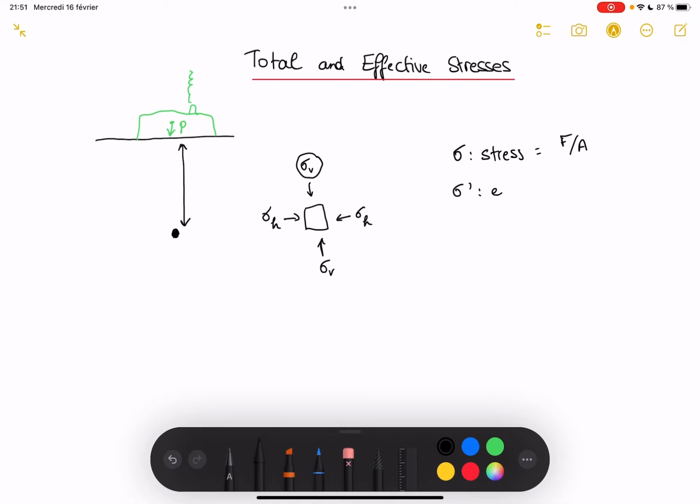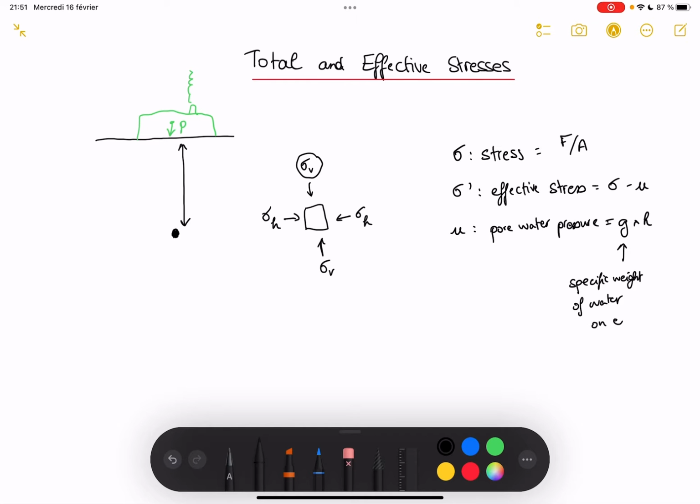Sigma prime is effective stress, and it's equal to total stress minus pore water pressure, where pore water pressure is U. And pore water pressure is equal to gamma w times h, where gamma w is the specific weight of water, and h is basically the depth.